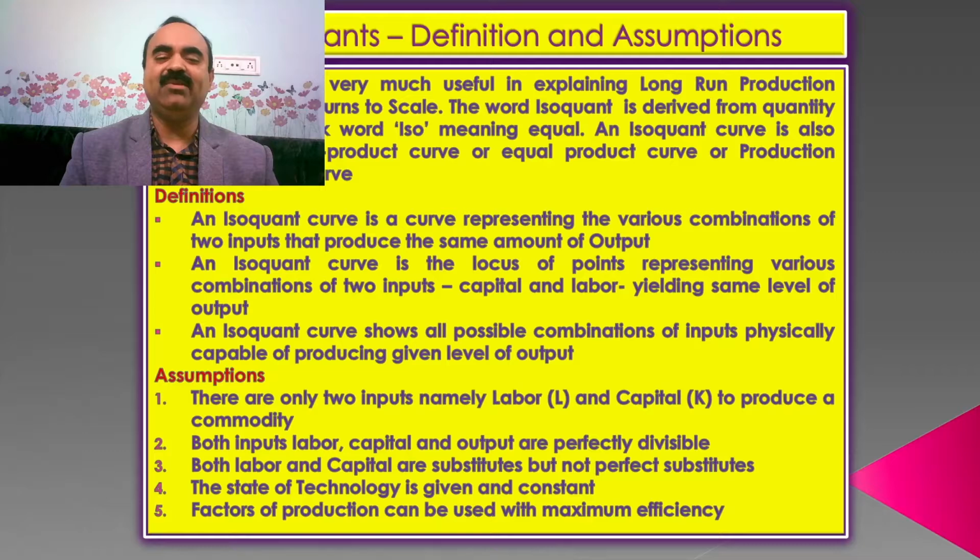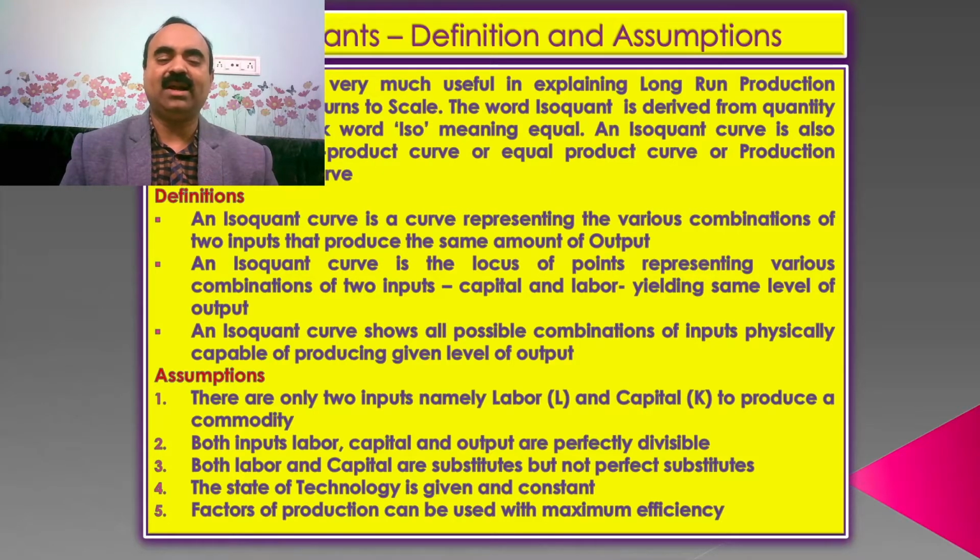Let us now deal with assumptions of isoquants. 1. There are only two inputs, namely labor L and capital K, to produce a commodity. 2. Both inputs, labor, capital, and also output are perfectly divisible. 3.